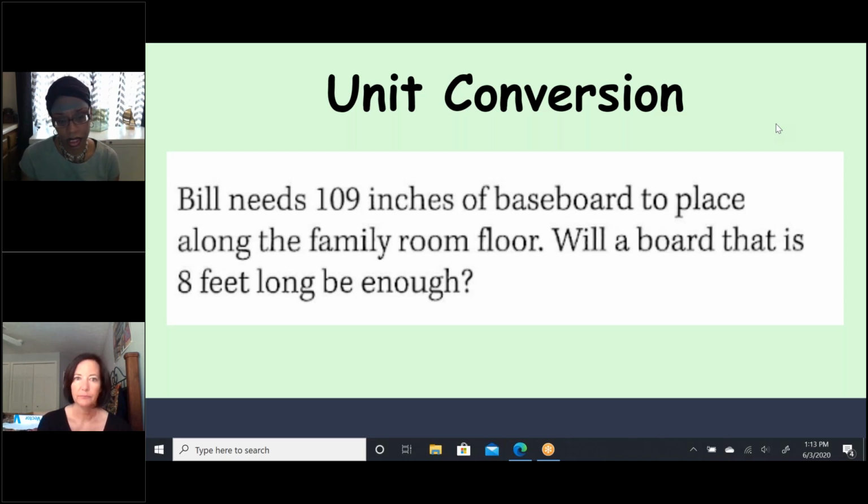So Bill needs 109 inches of baseboard to place on the family room floor, for a board that is 8 feet long. Oh, so I know it's 12 inches in a foot. So let me see, I'm going to divide 109 by 12.